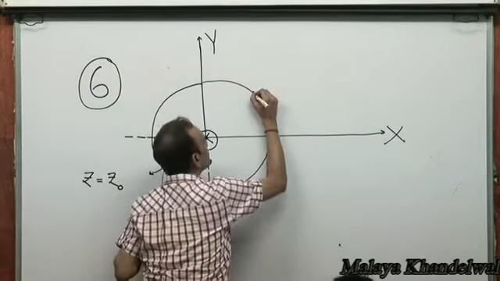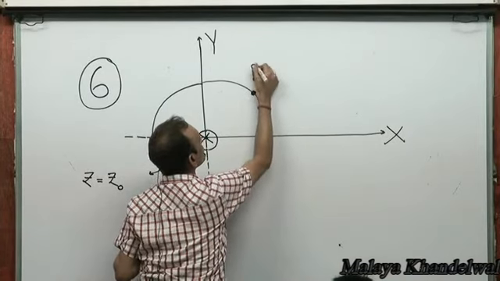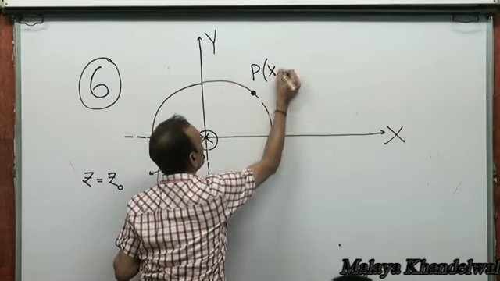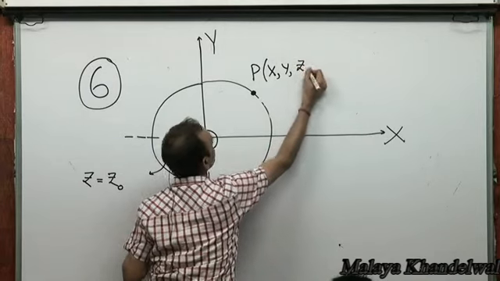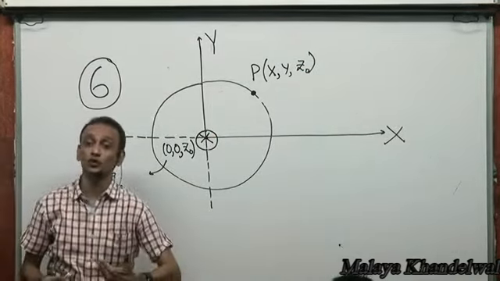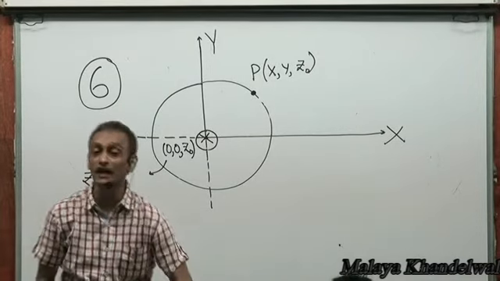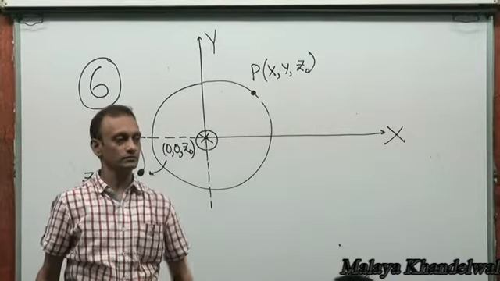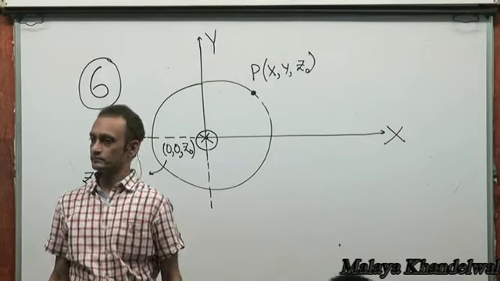And there is a point P in this plane, x, y, and z will be z naught in this plane. At this point x comma y in a plane z equal to z naught, I want to be able to calculate the magnetic field. What do you say? Right?